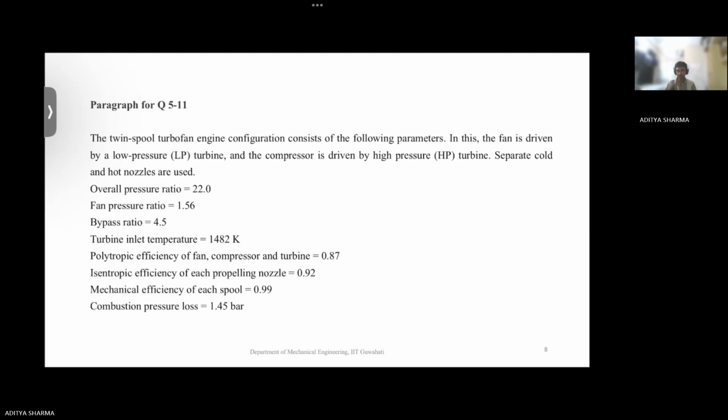Let's initiate this. So we will move slow here, so that we better understand this numerical.